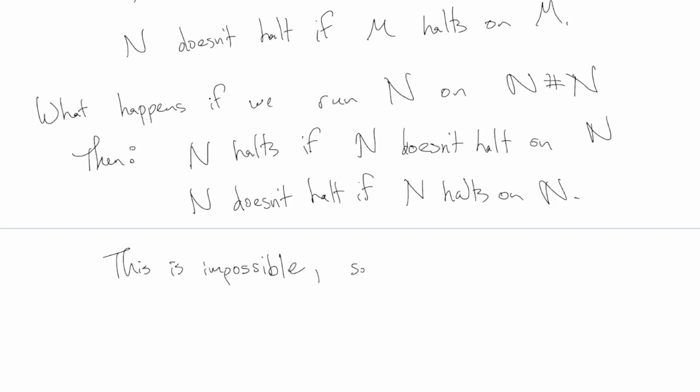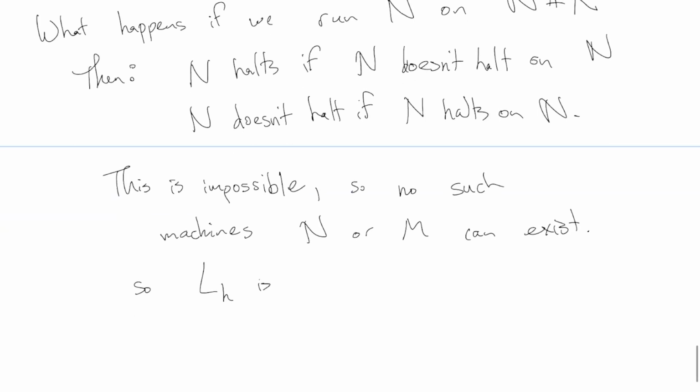So all of this means that no such machine N or M can exist, right? And all of that means that I was looking for a contradiction all along. So that means that L, the language of the halting problem, is not accepted by any total Turing machine, all right? And here ends the proof.